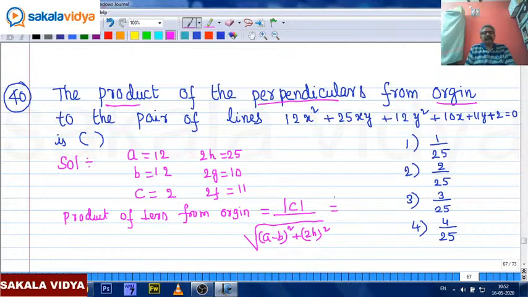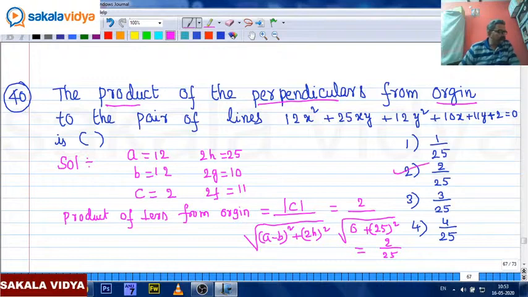Here mod c is 2 divided by root over a minus b is 0 square, 0, plus 2h is 25 square. 2 by root of 25 square is 25, 2 by 25. So that means second option is the right option. Right.